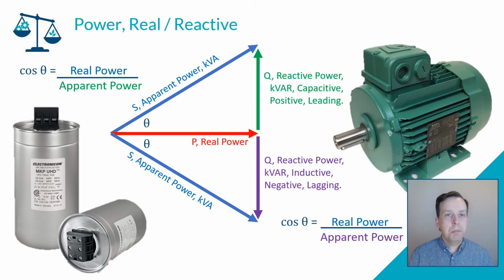So if you have poor power factor, or your power factor is out with tolerances, you could be penalized on your energy bill. So ideally you want your cos theta, power factor, to be as close as possible to this red line.